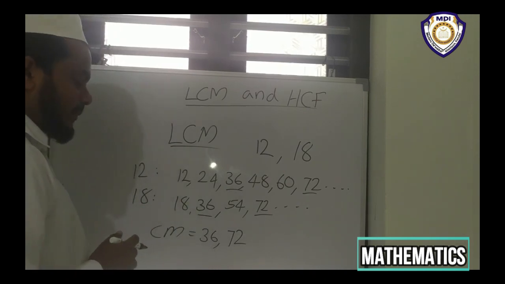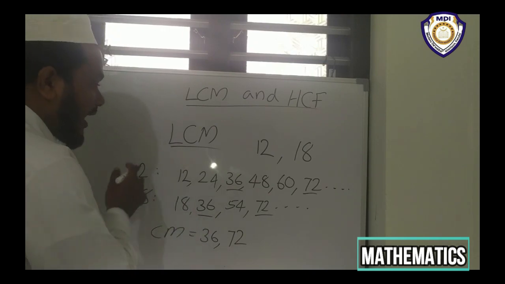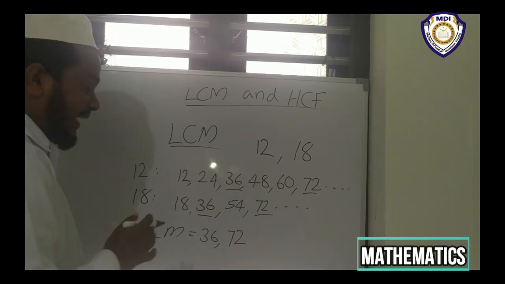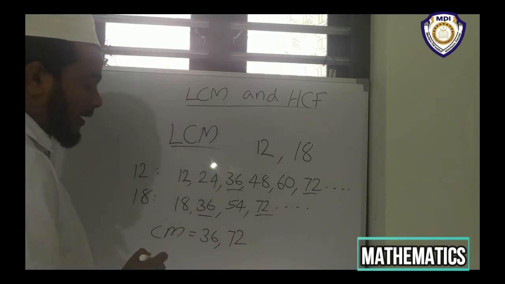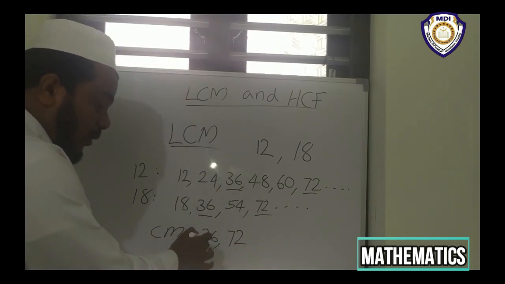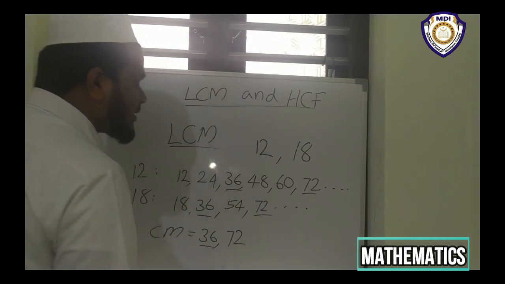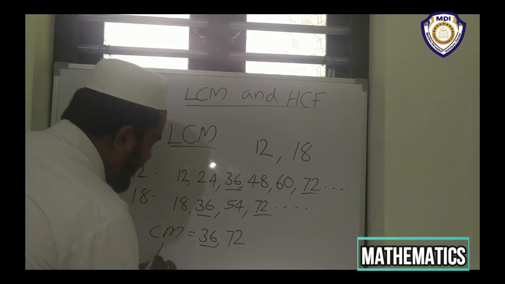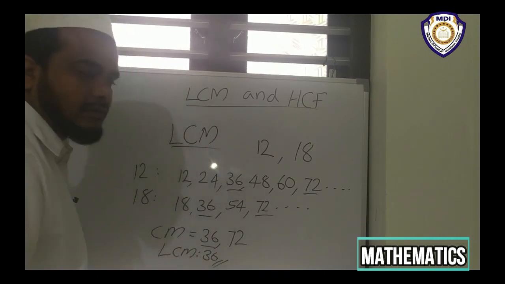Then my question, which is the LCM? Least common multiple. Here two multiples are common, but the least, the smallest common multiple, is 36. Then LCM is 36.